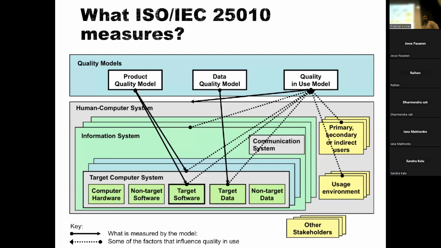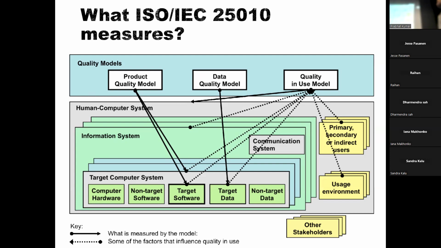So this is ISO IEC 25010 measures. If you see this diagram, we have seen two different models so far, right? The first block talks about quality models.